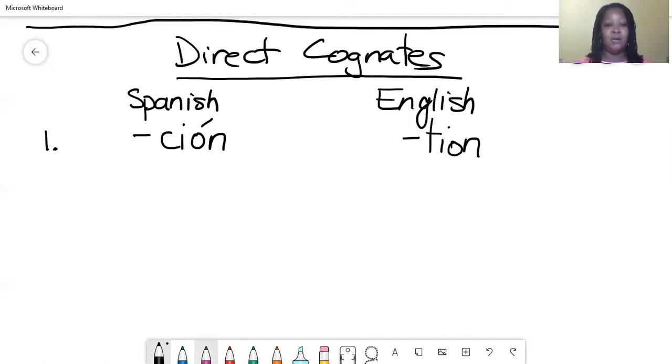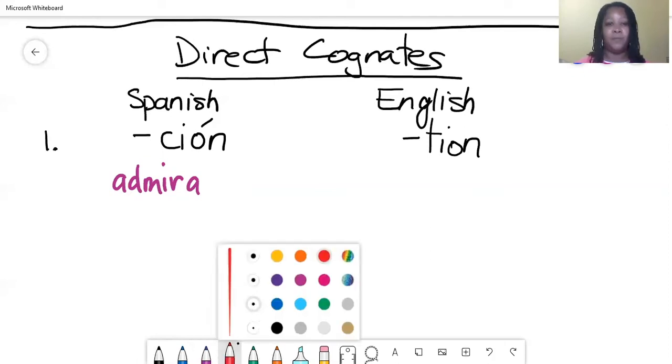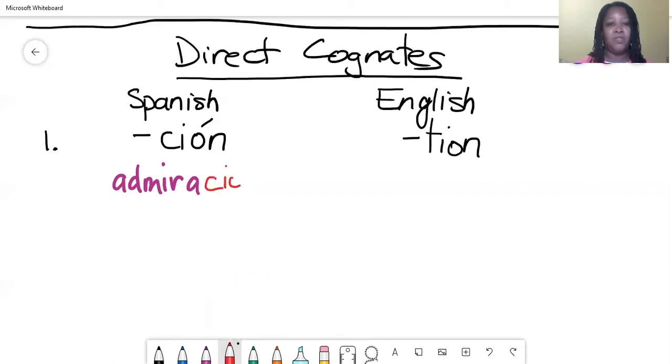Let's change our color. Purple is a lovely color. And so let's look at this one. You know what? I think I'm going to change up the endings so that we can see them a little bit clearer, so that they stand out, so we know exactly what we're dealing with, right? So this ends with C-I-O-N.